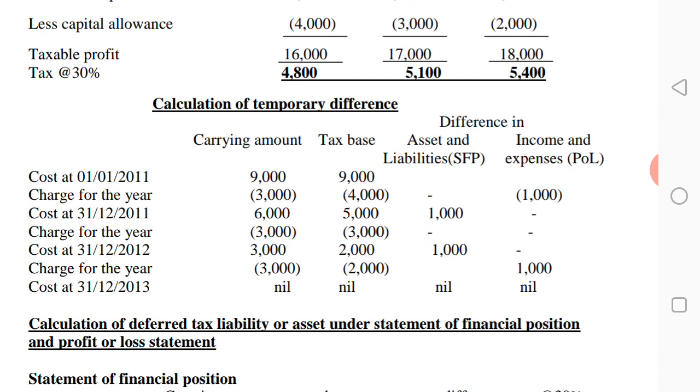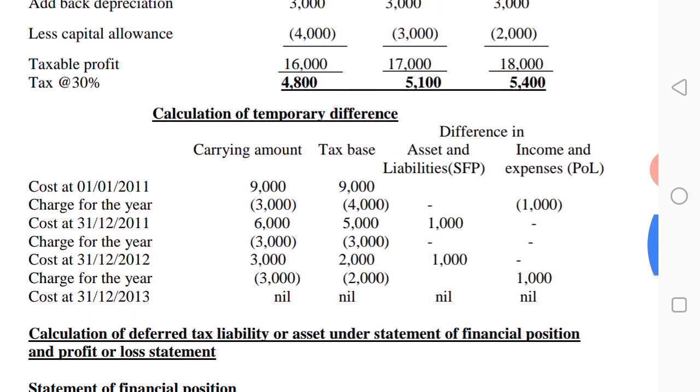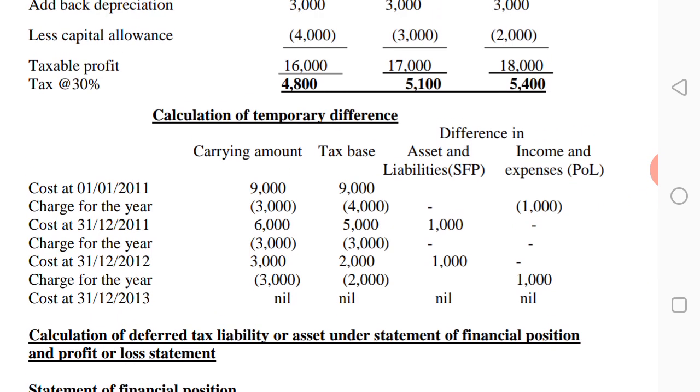So for carrying amount it is depreciation, while for tax base it will be capital allowance. Remember that the cost of the asset minus the deduction will give us our carrying amount. Now here I draw a schedule, which is the asset and liability, the financial position perspective. That is what is there, and the income and expenses perspective, that is what is here, which is the profit or loss.